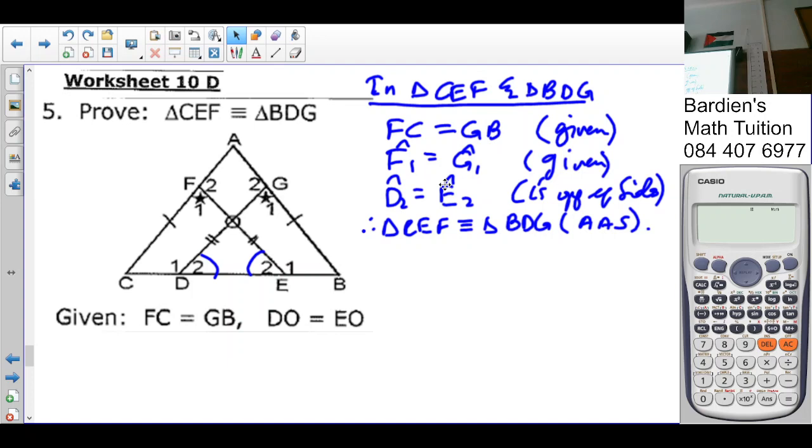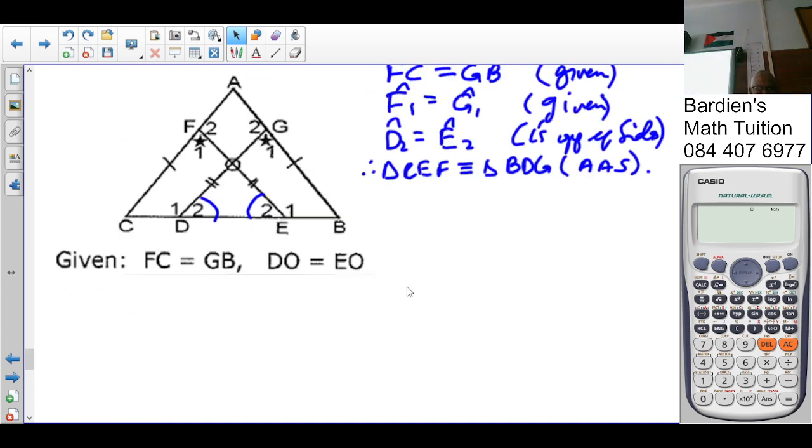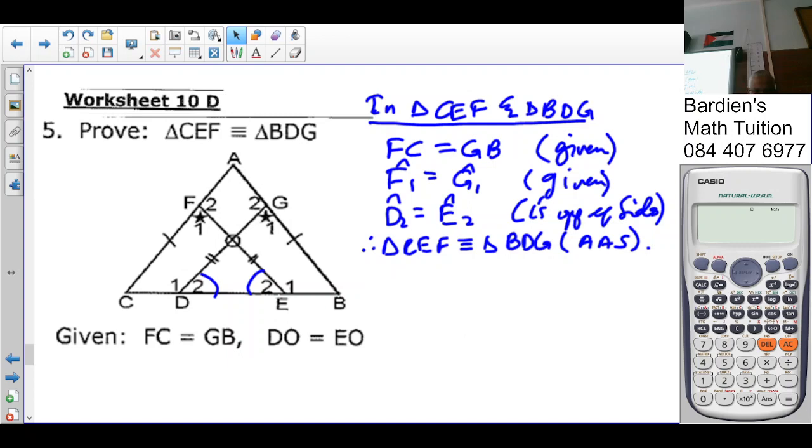Then I gave you 10E to do as well, not so? Yes, nice. So are you finding the geometry? Nice, okay, good.